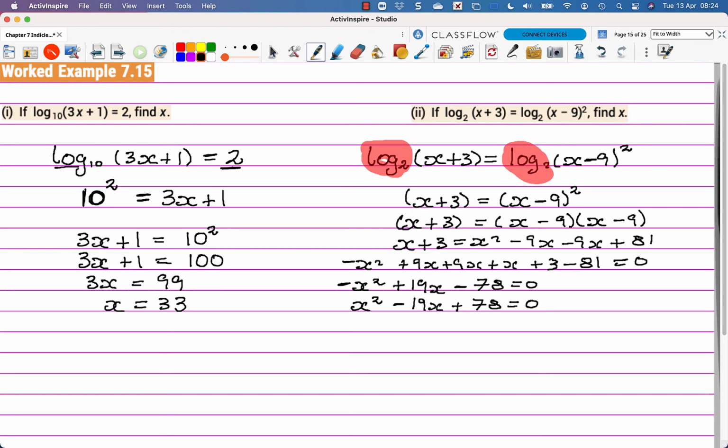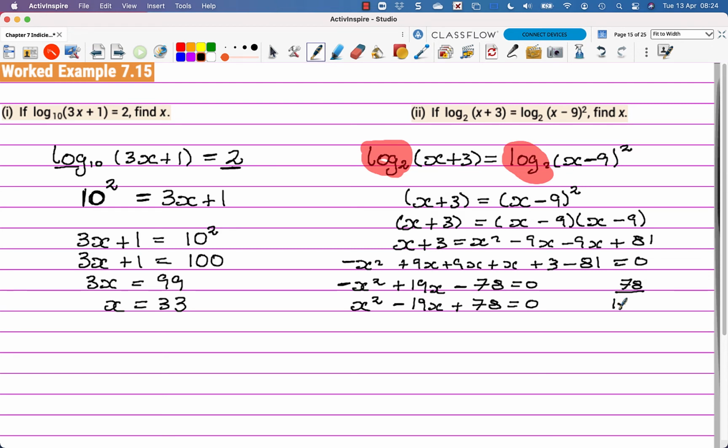We can do it by using the factor pair method and quickly running through all the possible factor pairs of 78, which you can do on the calculator very quickly. So let's do that now.